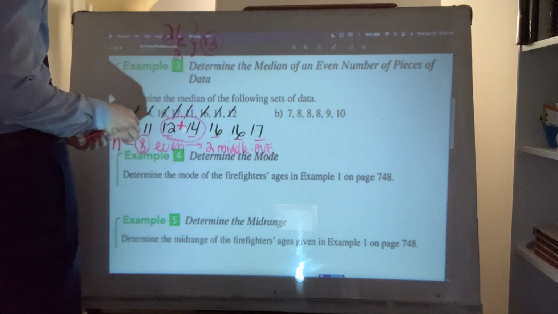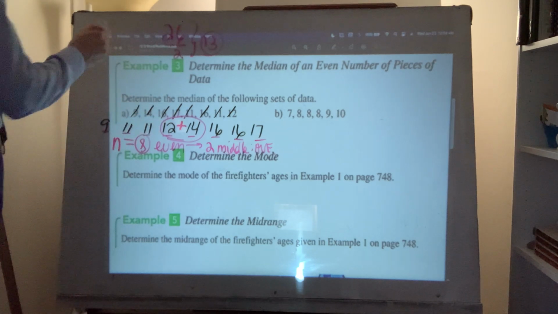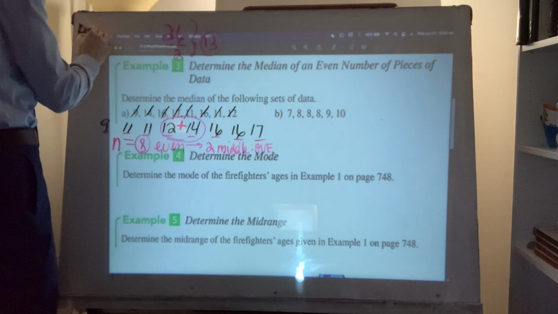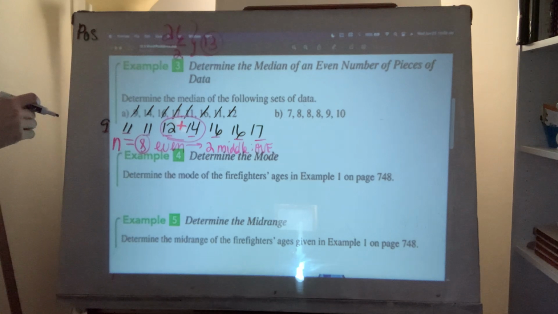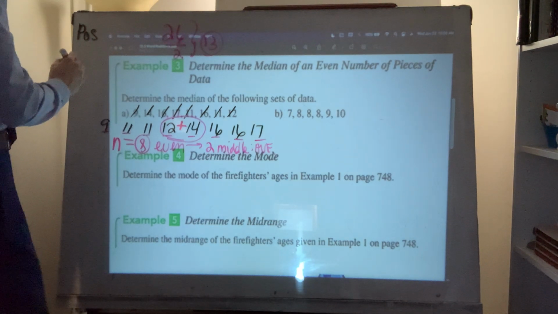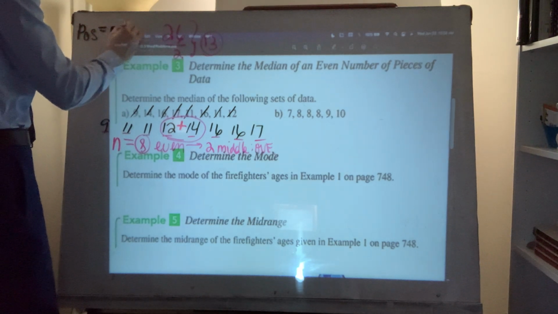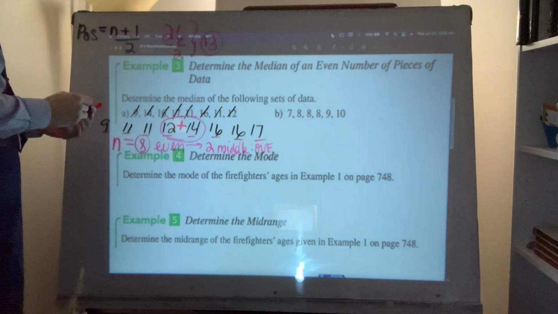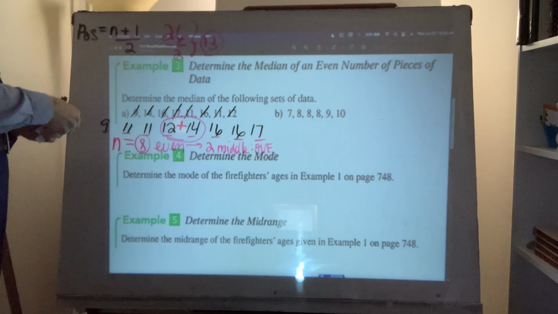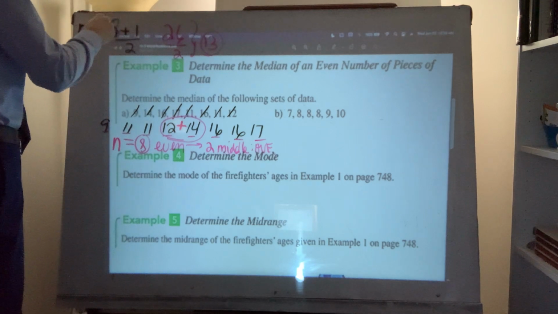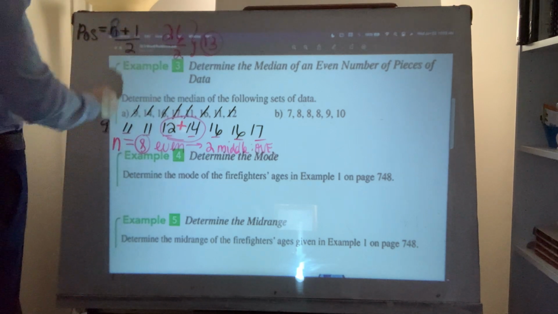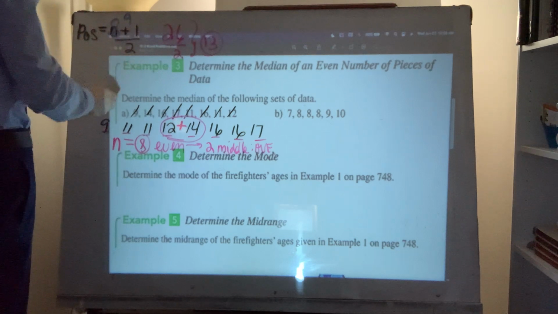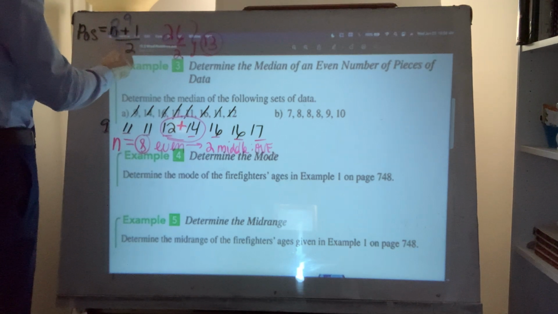Now again, if you use the position formula, you'll see what you get. N plus 1 divided by 2. How many data values are there? There's 8 of them. So if I put 8 here, 8 plus 1 would be 9, and 9 divided by 2 would be 4.5.